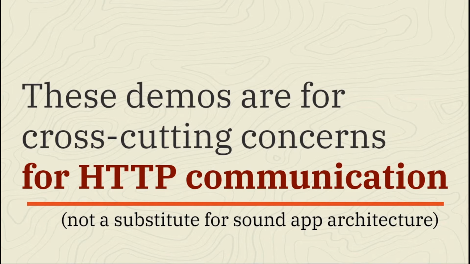What I'm about to show you in these demos is not a substitute for sound application architecture as you get farther and farther away from HTTP. So if you've got a library that you're building and you want to potentially reuse it in a console app, a Windows app, or a GUI app, what I'm about to show you is not a substitute for the way that you might want to implement or create some framework to help you with cross-cutting concerns in a situation like that. This is just for web apps.